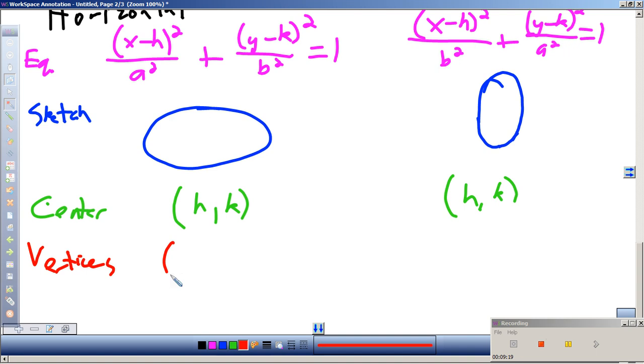So we're going to have H plus or minus A comma K. So you have one at plus A, one at minus A from the center. For vertical, what is it going to do? H comma K plus or minus A.